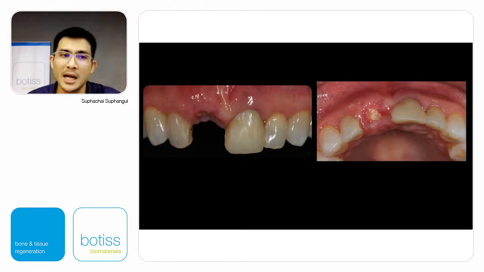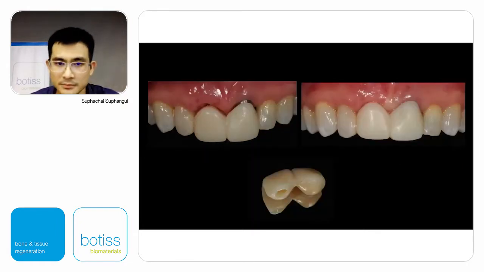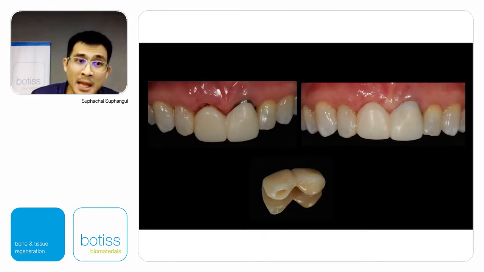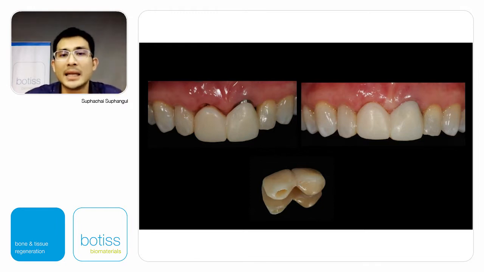Don't worry, after you do socket preservation, after 2 weeks you can see this phenomenon. That is normal. And then we made a new provisional for the patient.